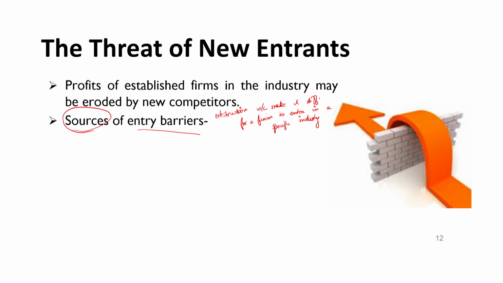Now, we have to see what can be different sources of entry barrier. One type of entry barrier is economies of scale. Economies of scale means when a company is producing in bulk, it is difficult for a new player to enter that particular industry. Why? Because if a new player enters on a small scale, they will not be able to match the price at which already established players are selling.